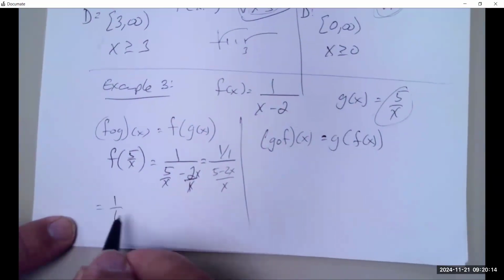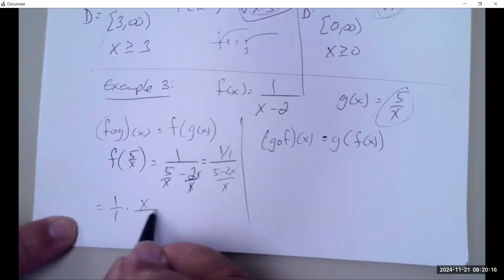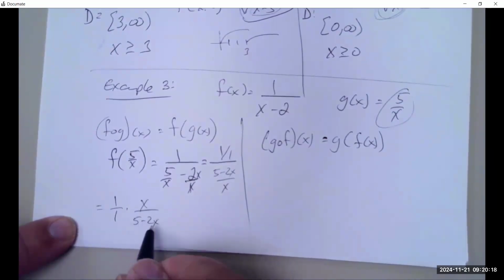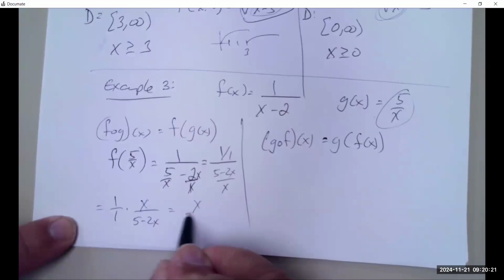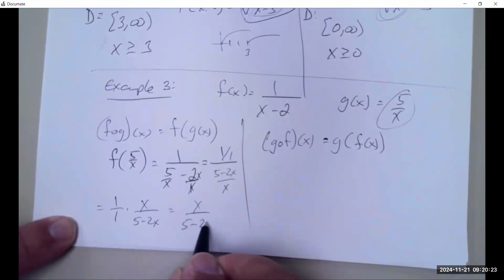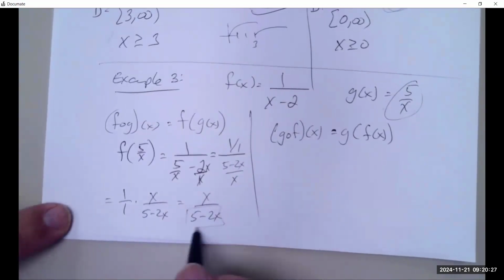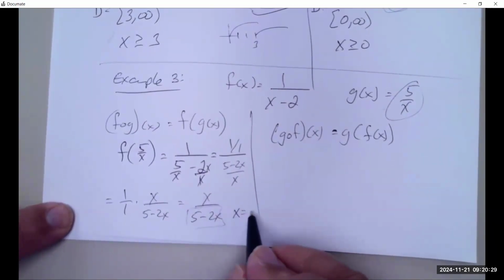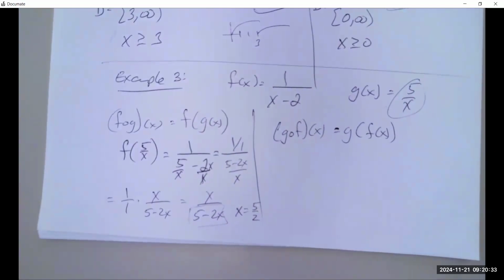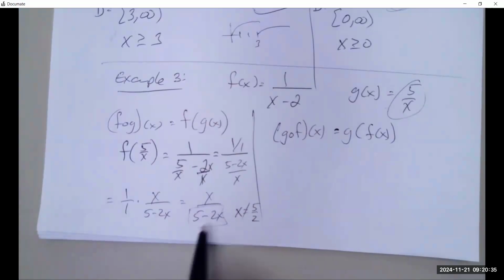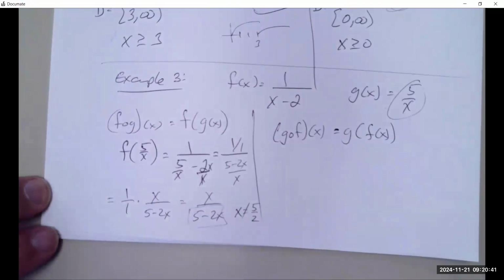So take the top fraction, leave it alone, and flip the bottom, which makes it x over 5 minus 2x. And the domain is x cannot equal 5 over 2. I can use any x except what makes the bottom equal 0. That's my domain.